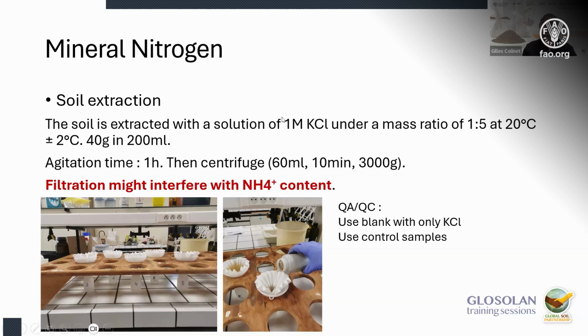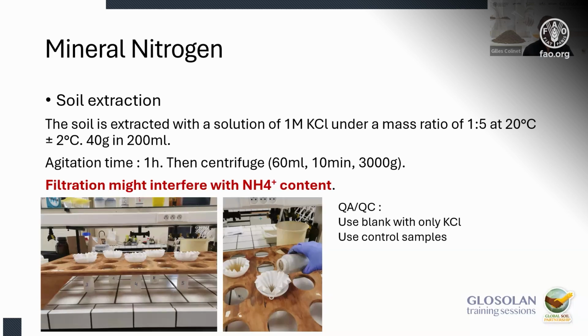The ratio 1:5 in practice means we take 40 grams in 200 milliliters, or sometimes 30 grams in 150 milliliters of KCl. The agitation time is 1 hour.